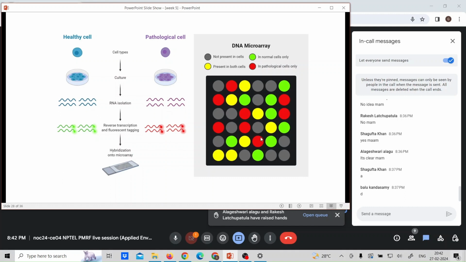So this technique is generally used to study the differences. Based on this, you can take the gene out and do the genomic analysis, transcriptomic analysis. You can sequence it and do further analysis based on whatever your study purpose is. So this is the DNA microarray technique. Here the analysis is done once you hybridize it to a microarray. Since you have multiple small compartments here, this technique is known as a microarray technique.